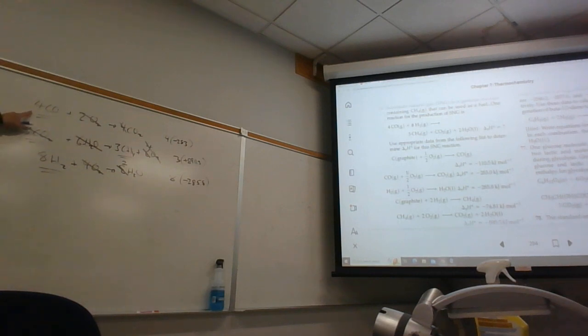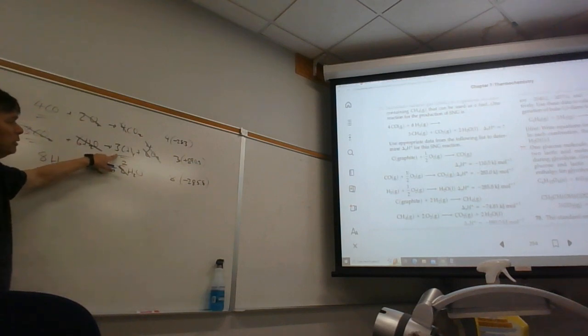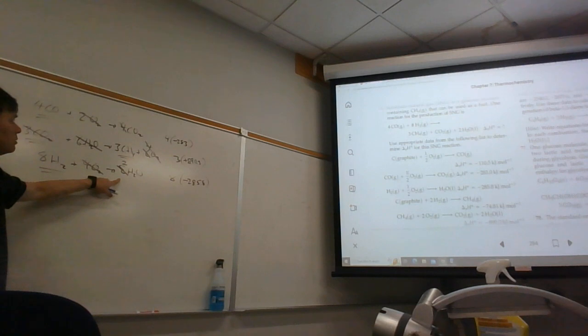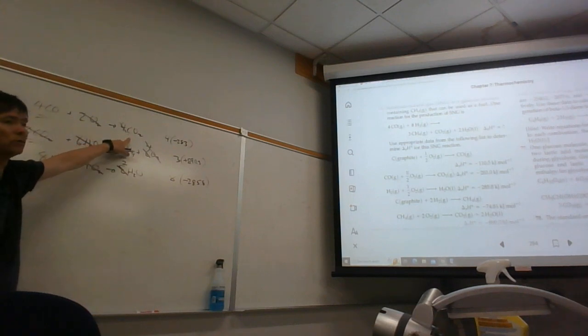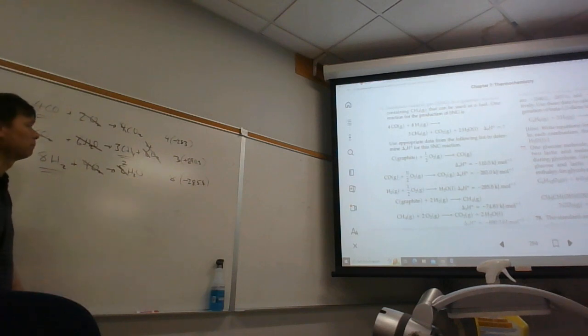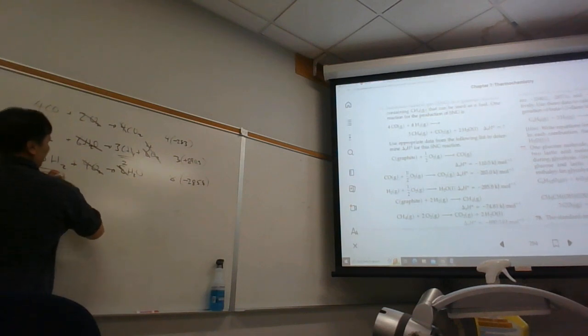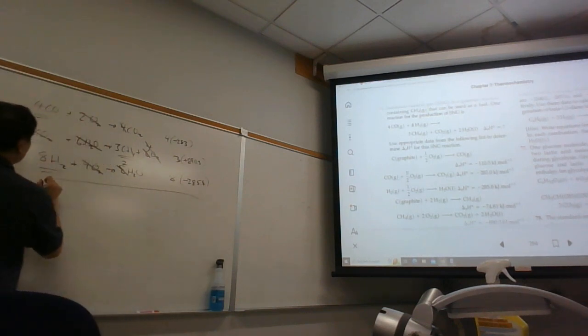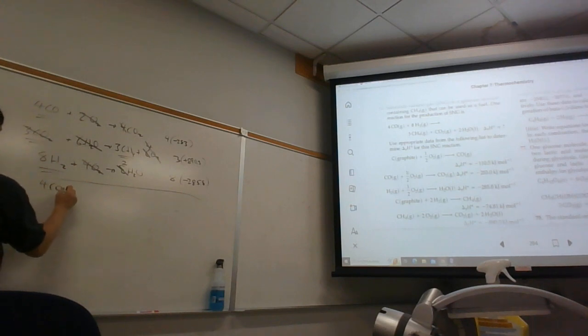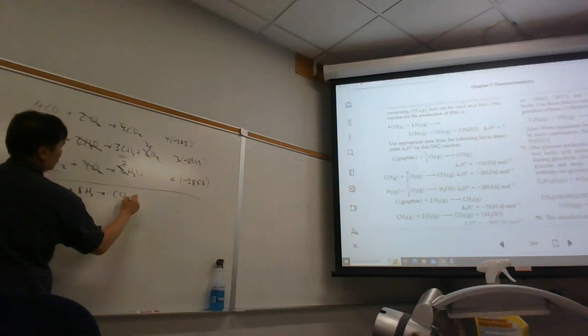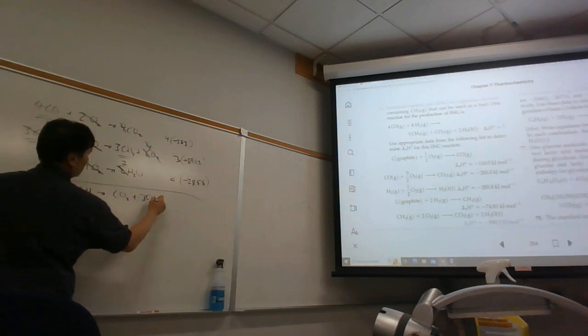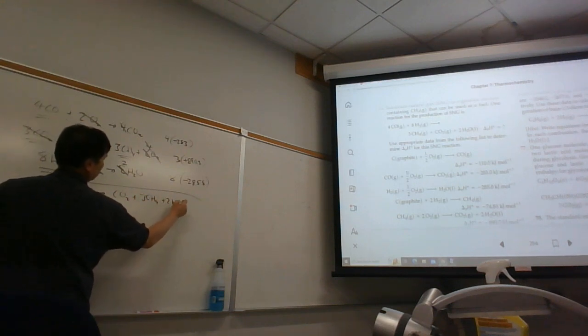Now I have 4 carbon monoxides plus 8 H2s yields 3 CH4s plus 2 waters plus 1 CO2. And it matches there. So the overall equation is 4 carbon monoxides plus 8 H2s yields CO2 plus 3 CH4 plus 2 waters.